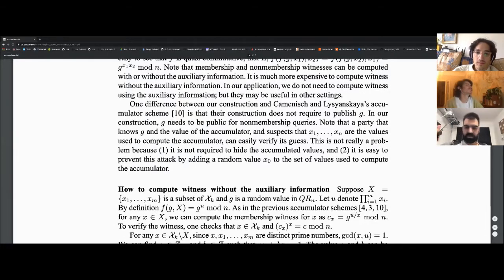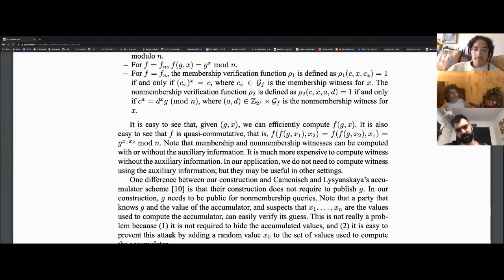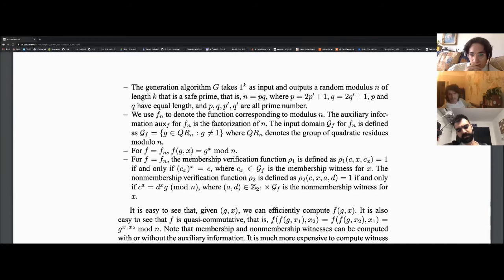Okay, this is actually an important remark. This section here is pretty important to me, because in the original construction of this dynamic accumulator, you don't need to publish G. You just need to publish C and the witness in order to have these short proofs. Now you do have to publish G, because G also enters the non-membership verification. So now the basis is part of the public parameters of your construction.